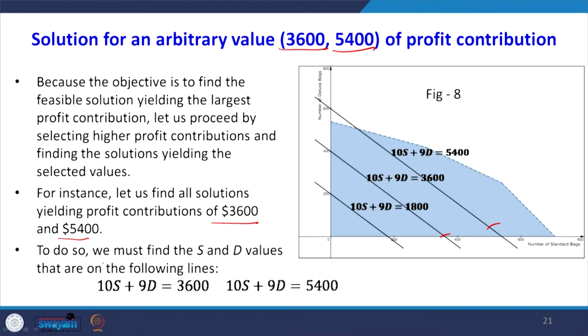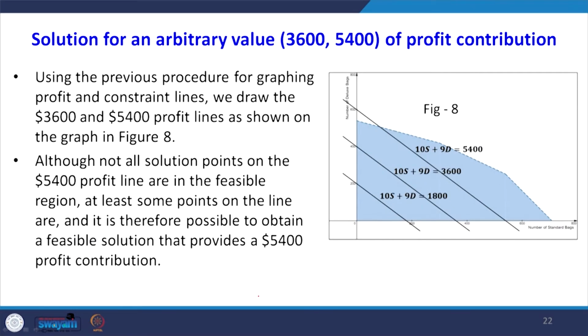To do so, we must find the S and D values that are on the following lines. So, these are the two lines, right. We have to find all the points which are on these two lines. Using the previous procedure for graphing the profit and constraint lines, we draw the $3,600 and $5,400 profit lines as shown in the graph.